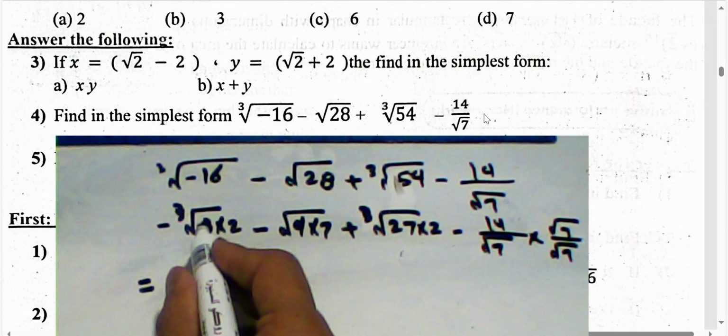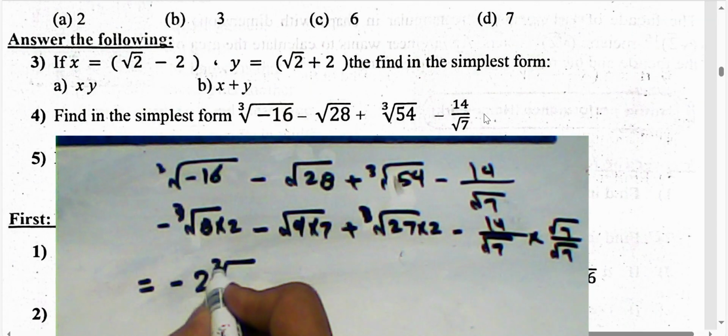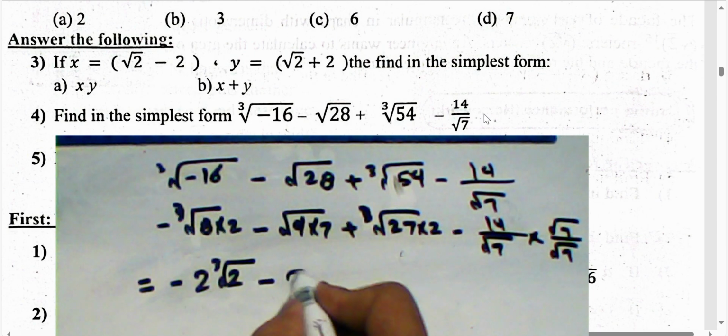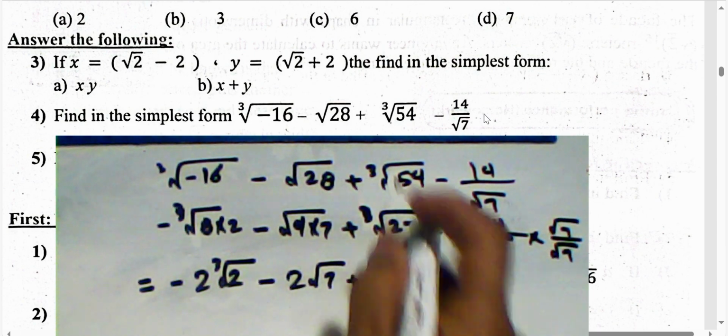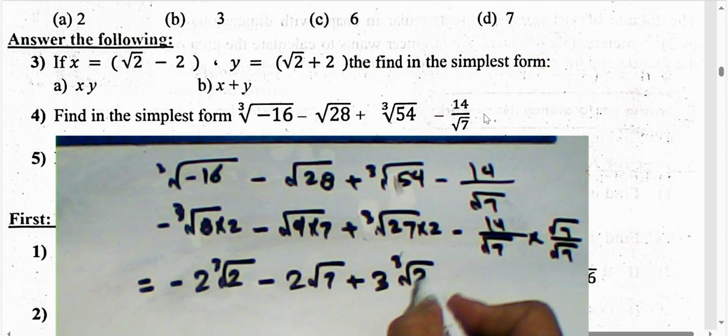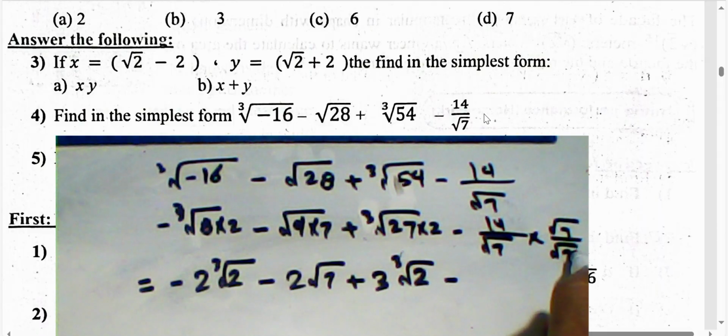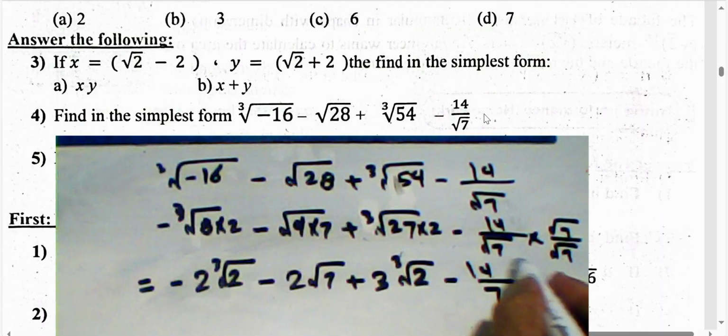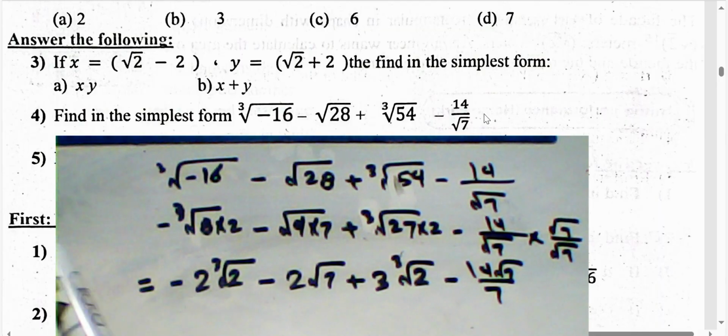Then, negative cubic root of 8 equals 2, so negative 2 cubic root of 2. Square root of 4 is 2, so 2 square root of 7. And cubic root of 27 equals 3, multiplied by cubic root of 2. Root 7 times root 7 equals 7, and we write 14 over 7 and square root of 7. We can simplify.